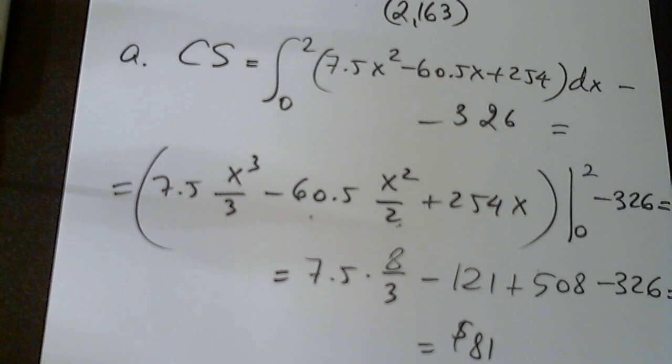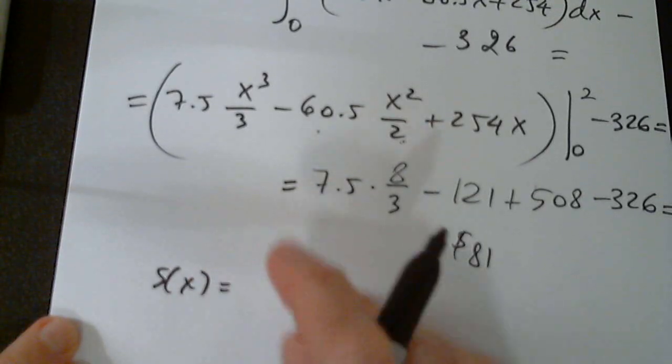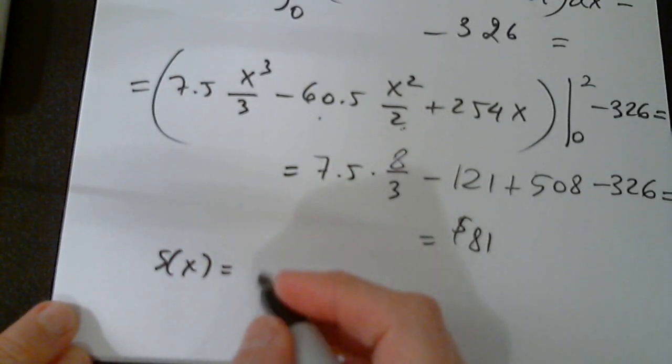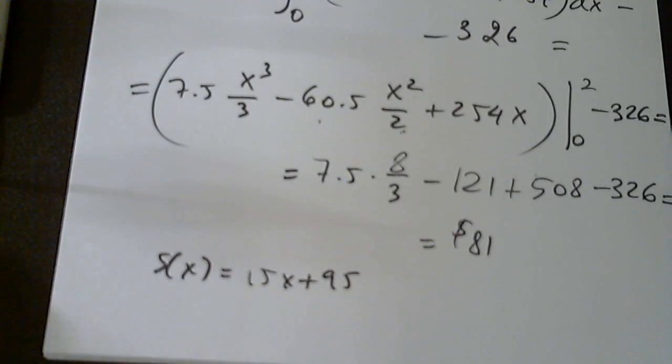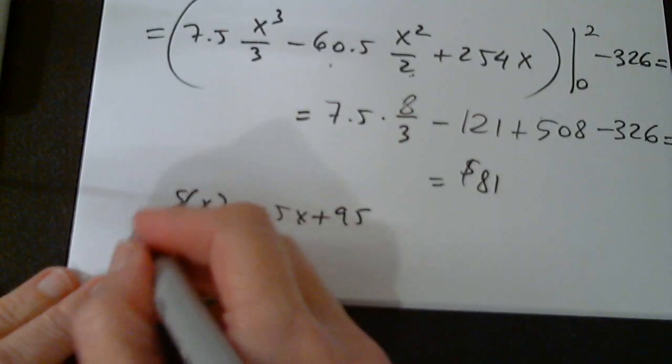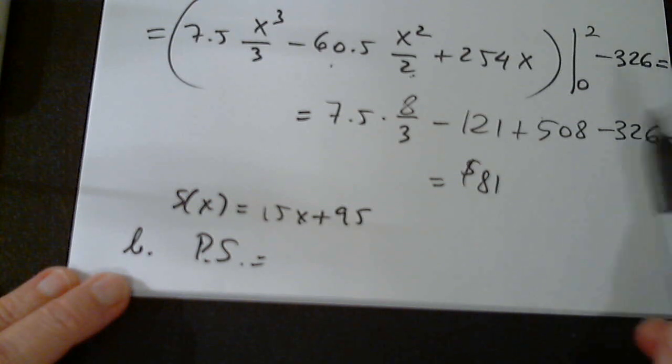Okay, part B. Suppose the supply function for Aero Skydiving Center is given by S of x, which is 15x plus 95. Find the producer surplus if the center sells Beth 2 jumps. Okay? So in this case, the producer surplus is 326.